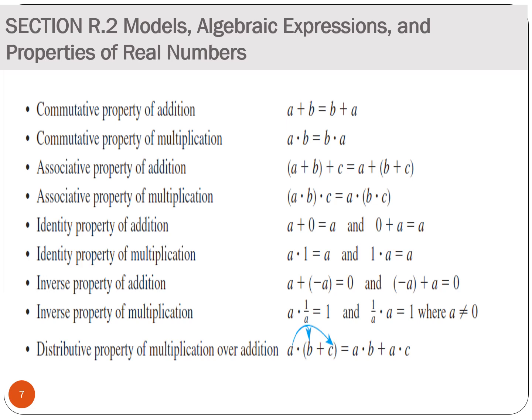There are two identities, identity for addition and identity for multiplication. The identity for addition is 0. For 0 added to any number, you get the same number. A plus 0 equals a, and 0 plus a is equal to a. The identity for multiplication is 1. If you multiply 1 by any number, you get the same number. A times 1 is equal to a, and 1 times a is equal to a.